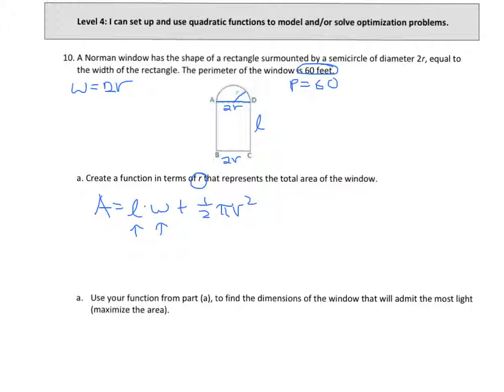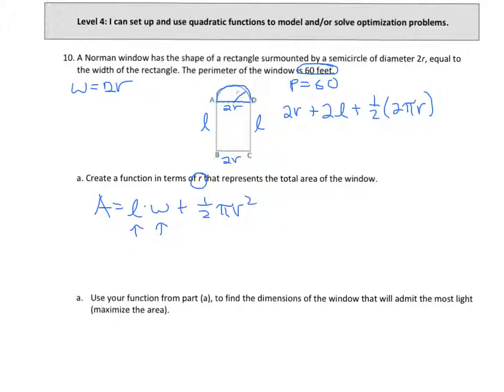For the perimeter of this figure, I'll keep my width as 2r, plus 2L, since I have two lengths, plus half the circumference of a circle. The circumference of a circle is 2 pi r, so it will be 1/2 of 2 pi r.